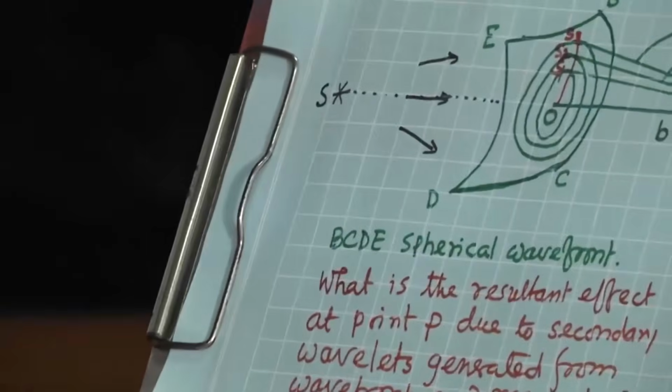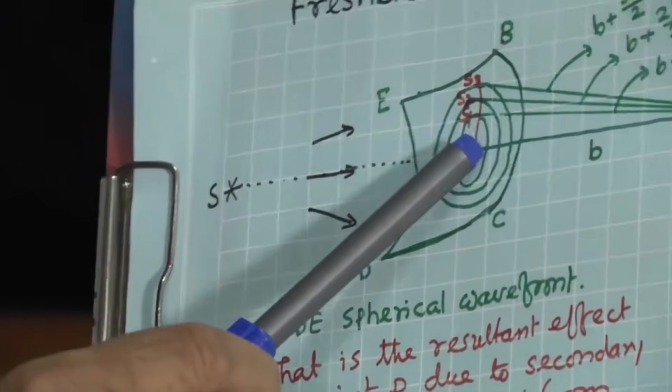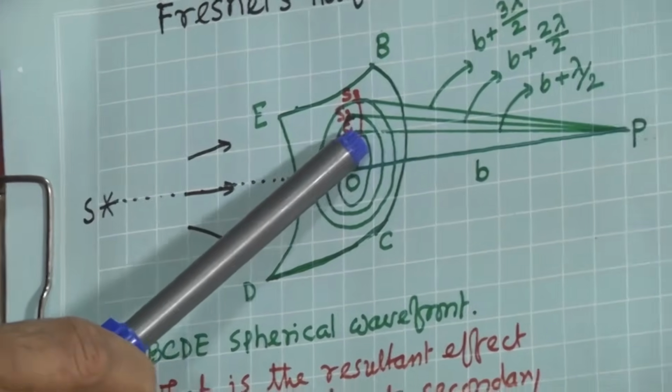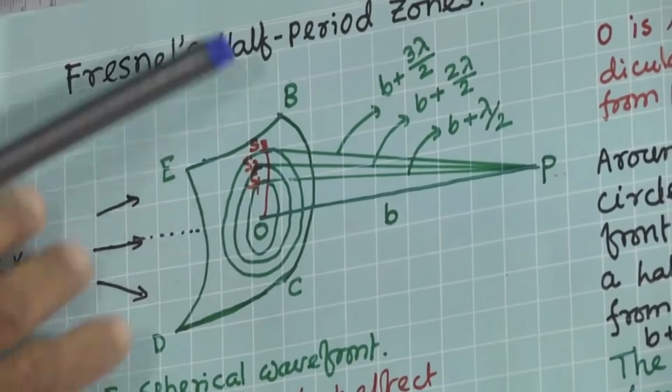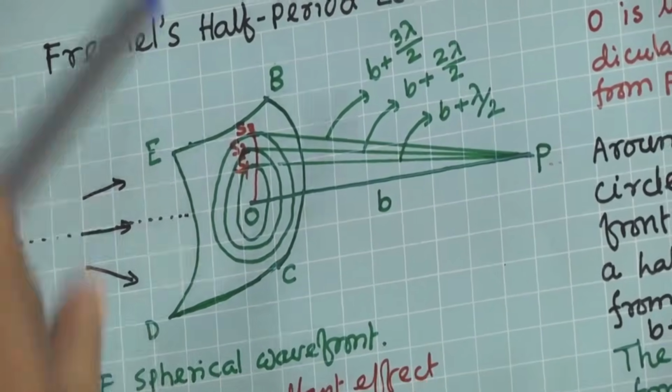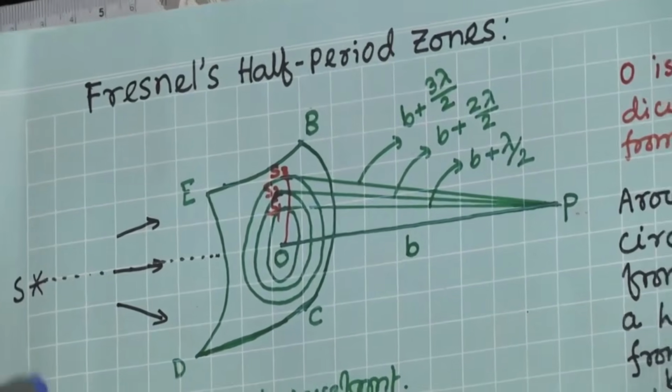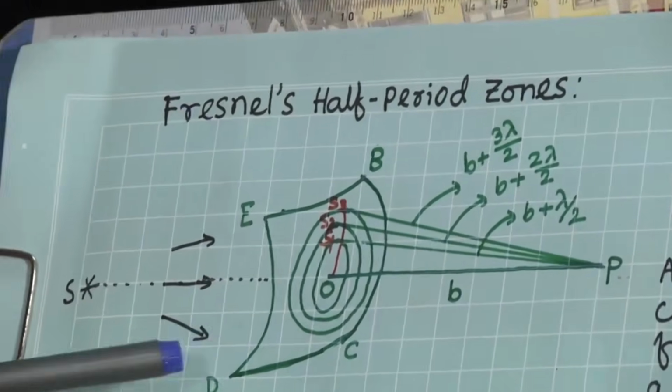Okay. So now from the center, it can be a spherical wavefront, it can be a planar wavefront also.